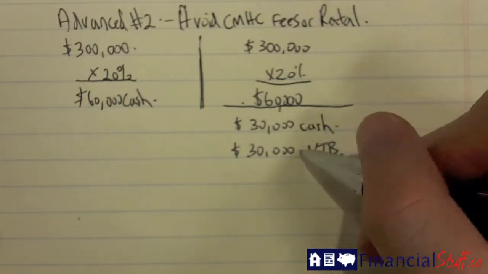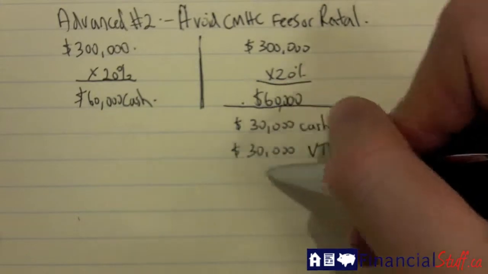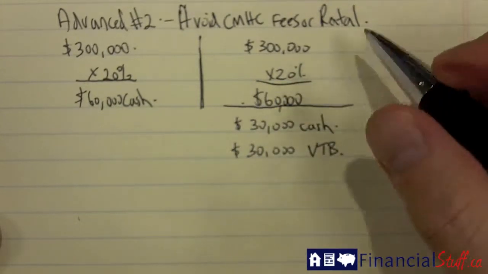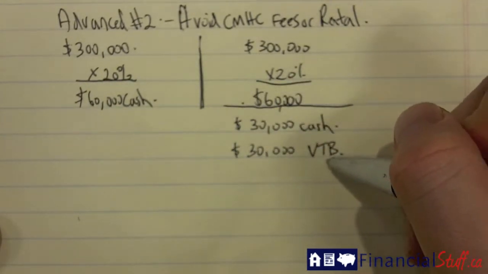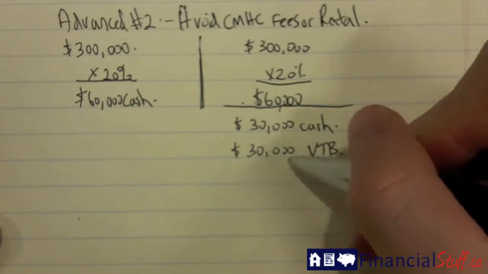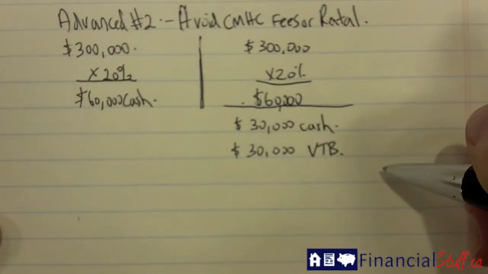This vendor take back, or this $30,000 that you got the seller to agree to, looks like, according to the banks, part of your down payment.